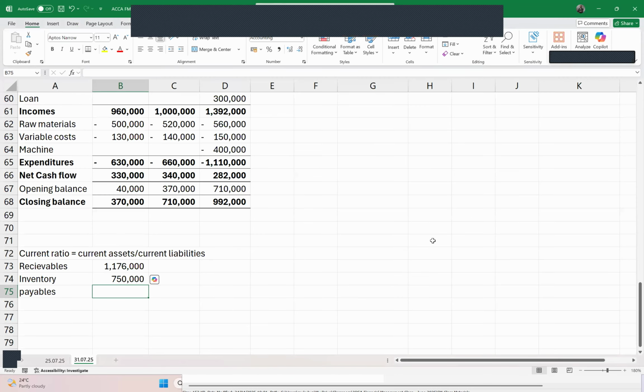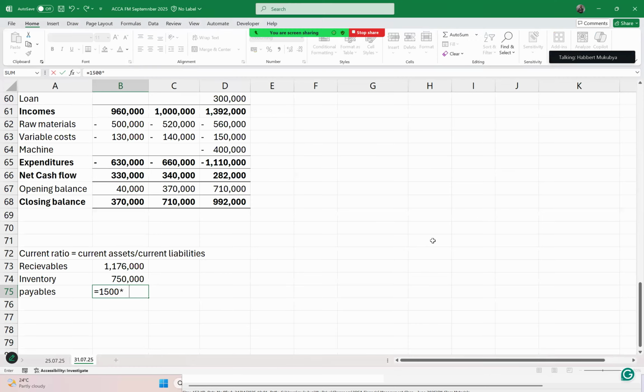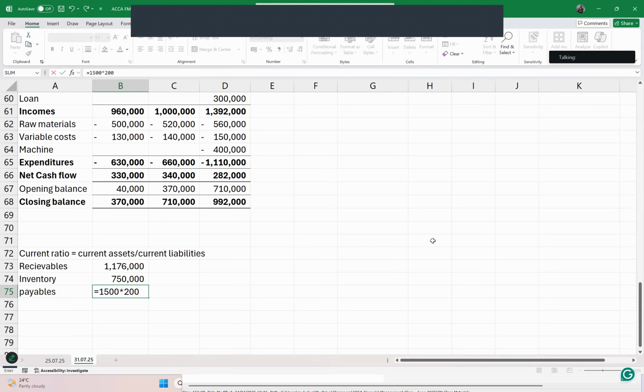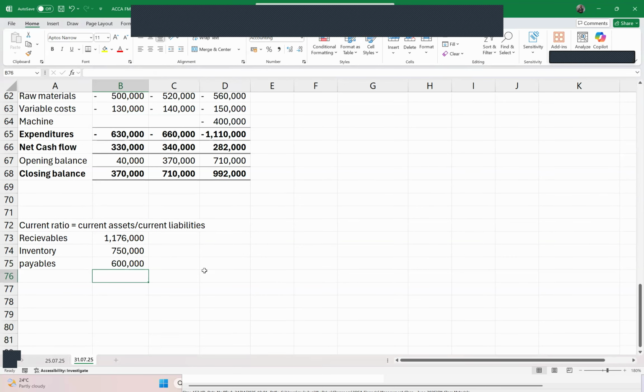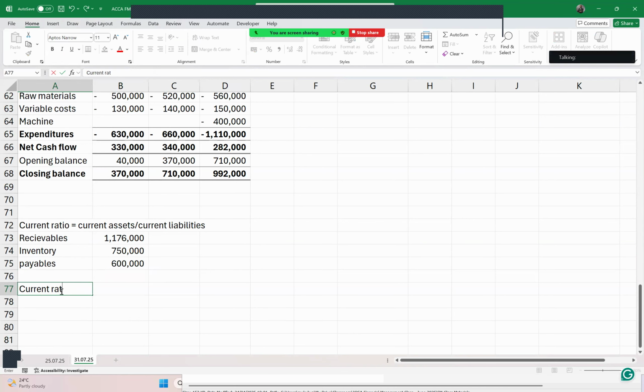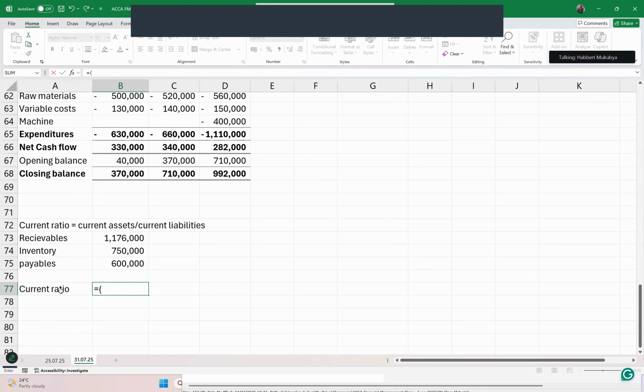So 1,500 multiplied by 200 multiplied by 2, which is 600,000. So then I can now get the current ratio. It's going to be receivables plus inventory divided by payables. It becomes 3 point.